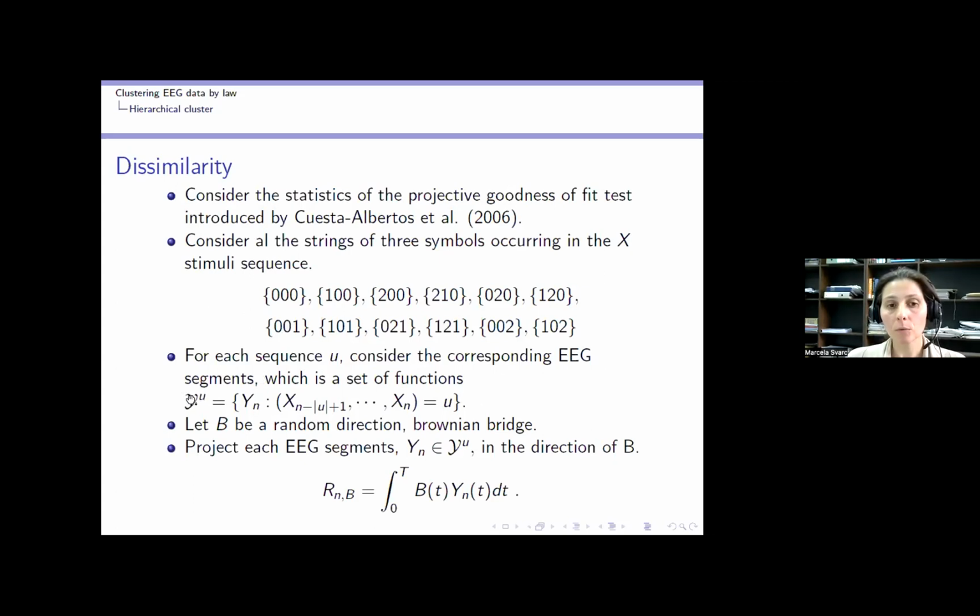And what we want to do is to compare the law of each of these EEG segments among them, and we will do this by pairs. So we generate a random direction. In our case, it will be a Brownian bridge, and we will project these sets onto this direction.